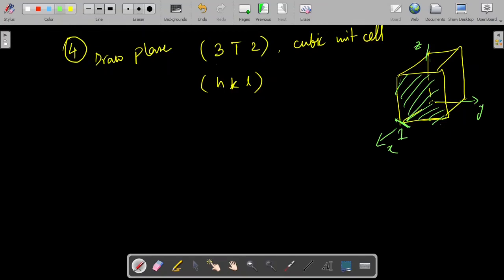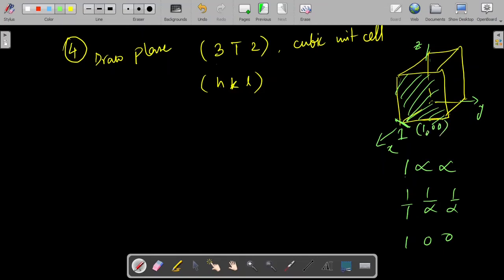So x intercept is 1, y-intercept is infinity, because it doesn't intercept, so we assume it intercepts at infinity, because this plane is parallel to the y-axis, and also z is at infinity because it's also parallel to z. And then what you have to do is take the inverse of it. So inverse is 1 over 1, 1 over infinity, 1 over infinity. How much did you get? 1, 0, 0. So this plane would be represented as 1, 0, 0.